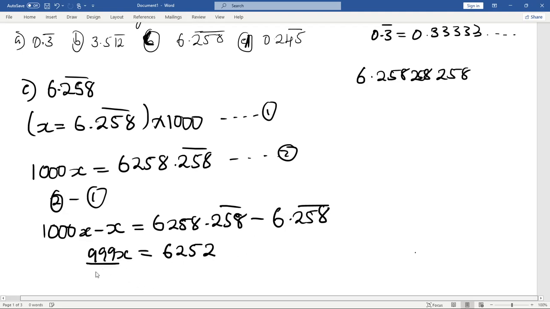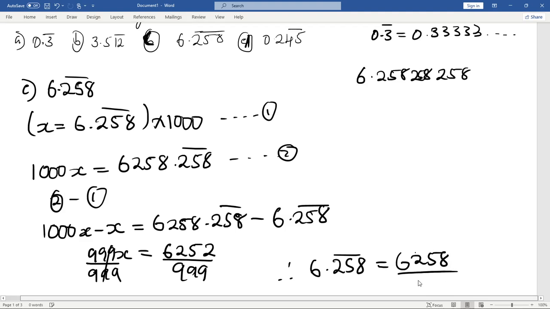We divide this side by 999, and this side by 999. Therefore 6.258 bar is simply equal to 6,252 divided by 999. You can go ahead and solve this one.